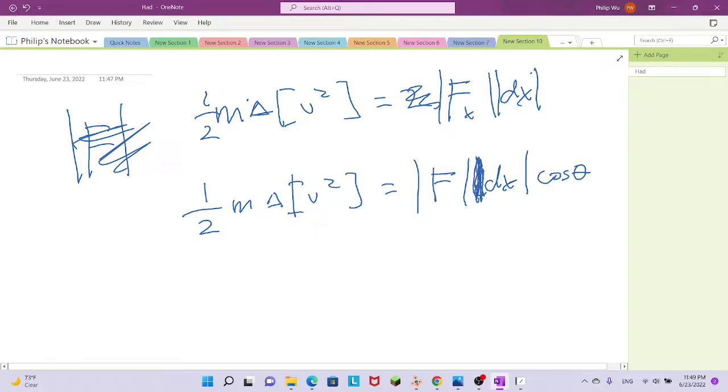This is simply a different way of calculating the dot product between two vectors. In this case, our vectors are the force vector and this small displacement vector. So one half m dv squared equals F dot dr. Sorry, this should not be delta. This should just be d. Oversight on my part.